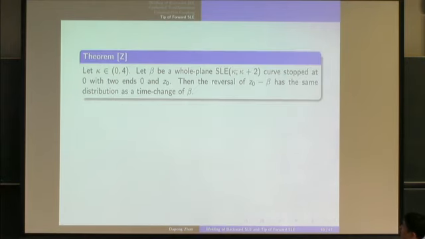It says that for kappa less than 4, let beta be a whole plane SLE kappa plus 2 curve stopped at z_0 with two ends 0 and z_0. Then the reversal of z_0 minus beta has the same distribution as a time change of beta.